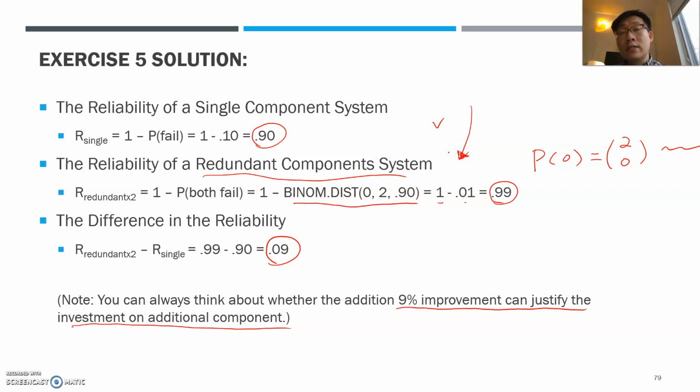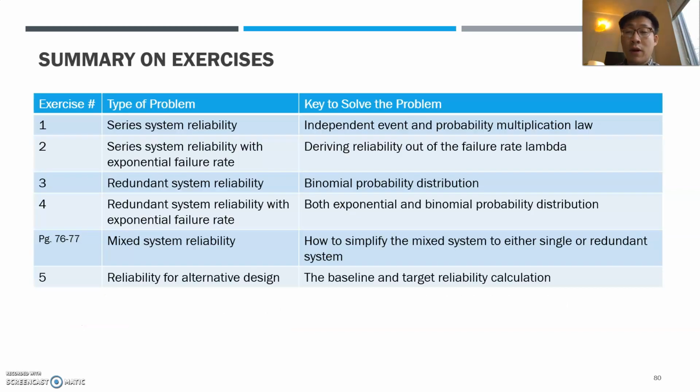So I think this deals with the alternative design problem type. You often end up comparing multiple different types of design in terms of determining information like this. What is the improvement in the reliability department?